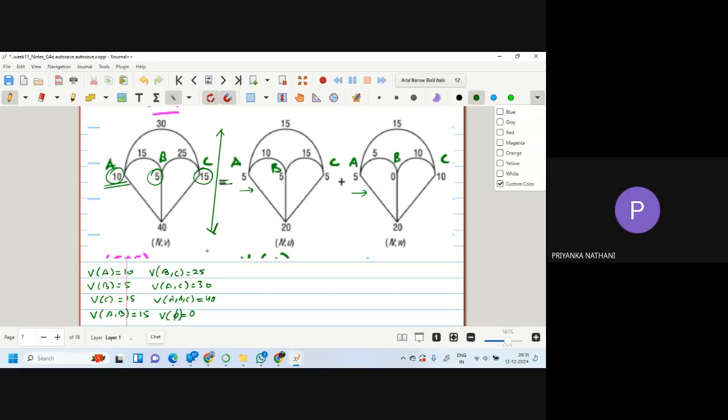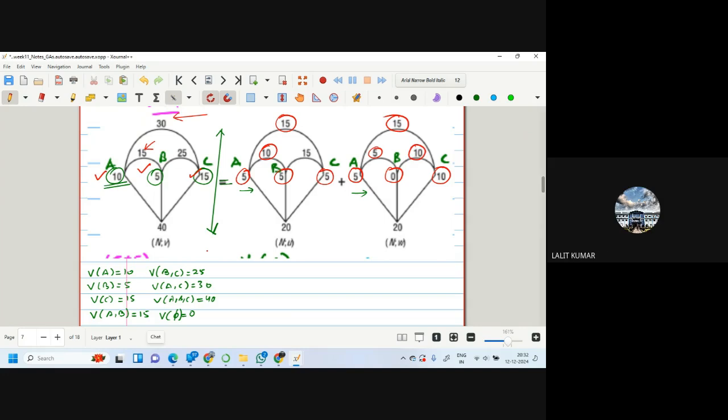See in this example, 5 plus 5 is equal to 10. 5 plus 0 is equal to 5. 10 plus 5 is equal to 15. 15 plus 15 is 30. 10 plus 5 is 15. 10 plus 15 is 25.